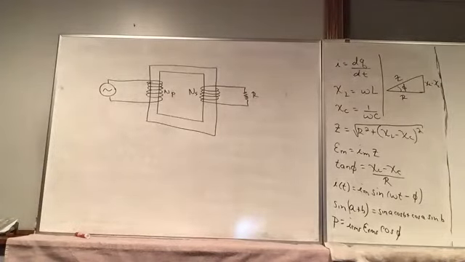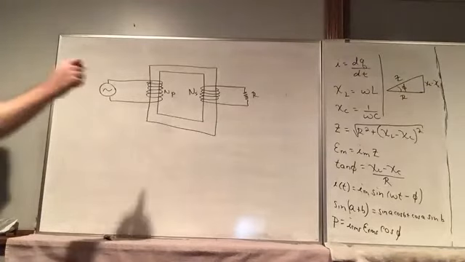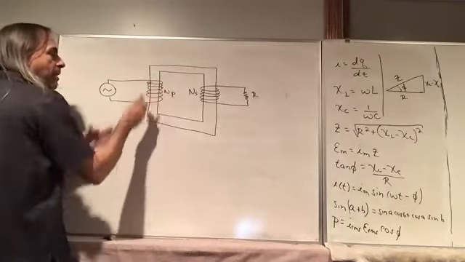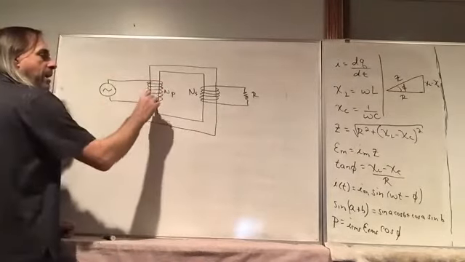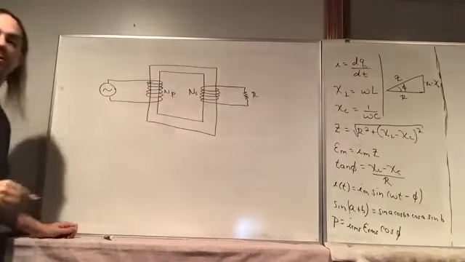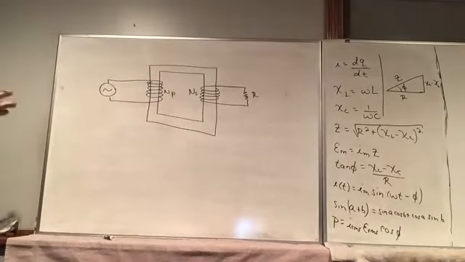Now, this is an iron core, and that greatly affects the magnetic fields. If you have a solenoid, magnetic fields would just be along the axis of the solenoid, but then once they leave the solenoid, they spread out.